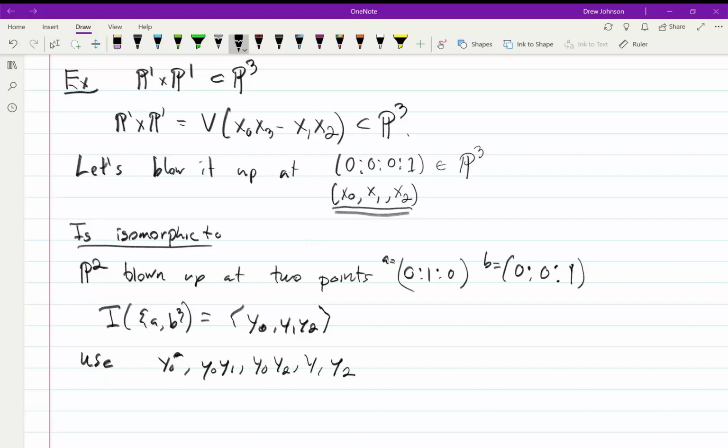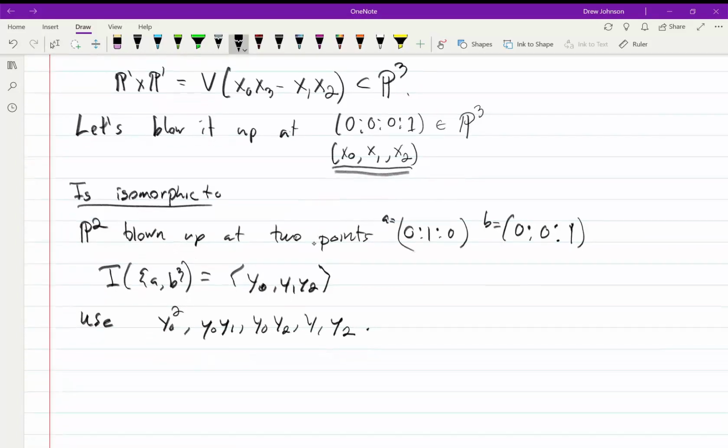Okay, that's squared right there. Now it turns out these don't generate exactly the same ideal as this, but locally they give you the right thing. And the blow up is a local construction, so this is going to be okay.